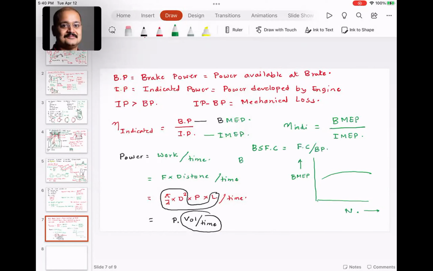This is brake specific fuel consumption. And there is ISFC, which is indicated specific fuel consumption, that is based on fuel consumption divided by indicated power.